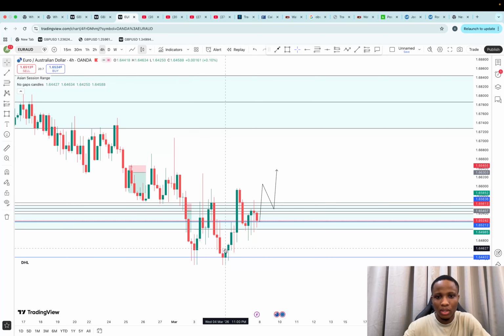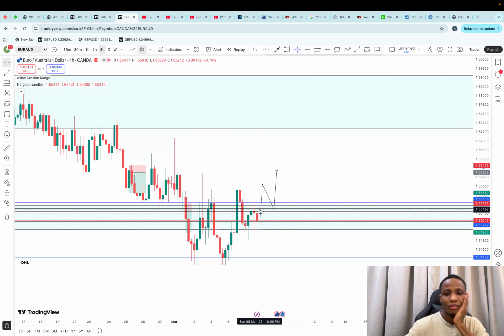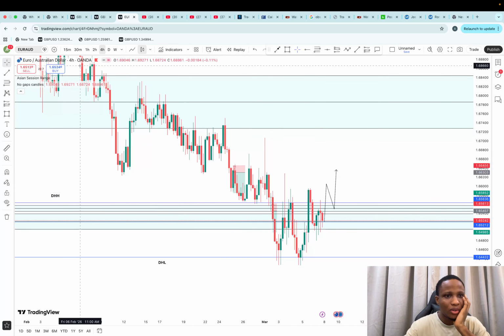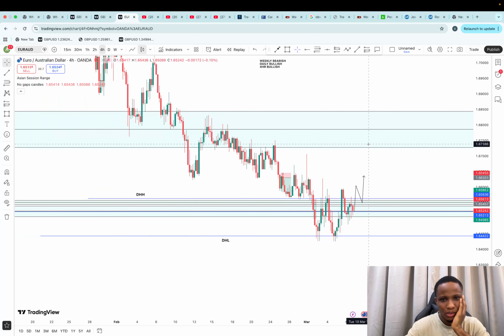This being our left shoulder, this being the head, having a second shoulder coming all the way to this level. Once I have this market break above this neckline, after the retest, it will be very good for a buy, because I'm seeing Euro AUD doing just a little retracement to this zone before we continue selling this market again.